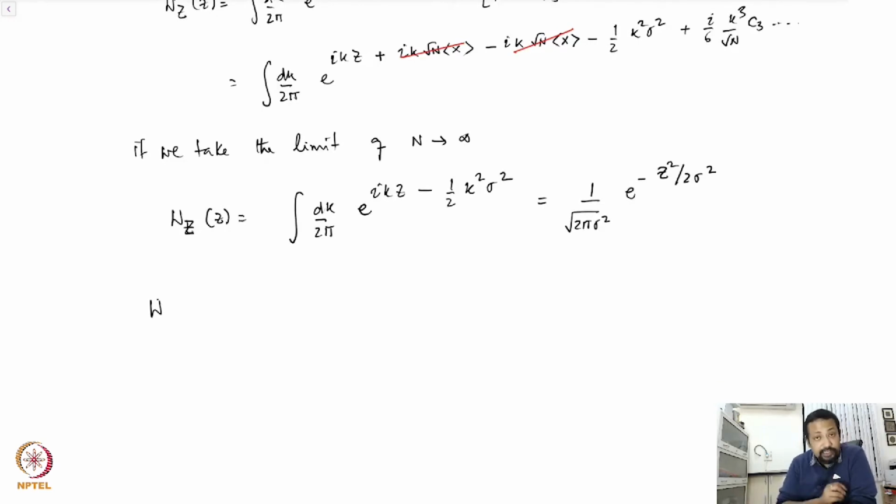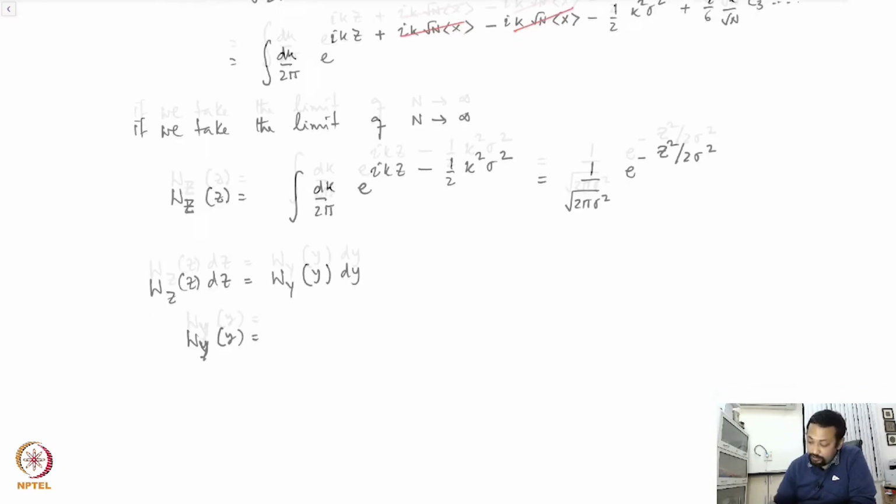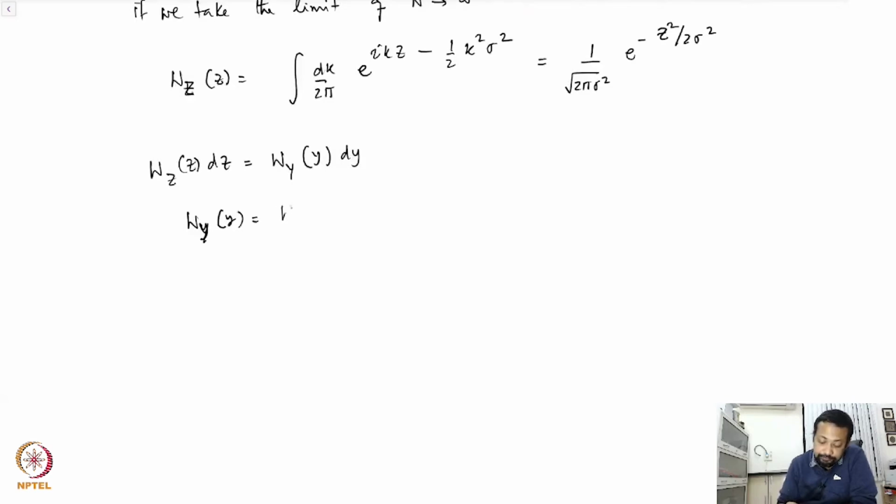So given that I have W of z, I want to calculate the probability density of y. I use the relation, because it's a transformation, so that W of capital Y at small y is W of z times dz by dy, right?